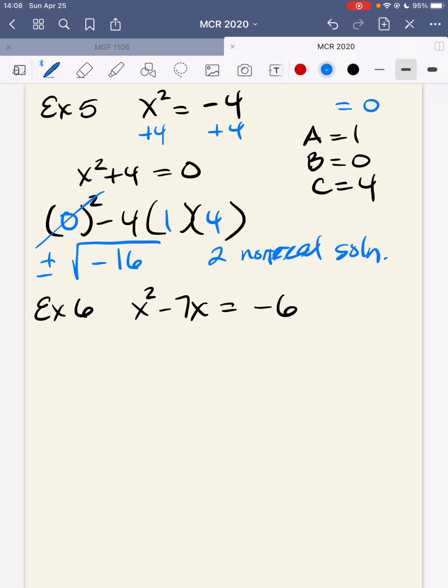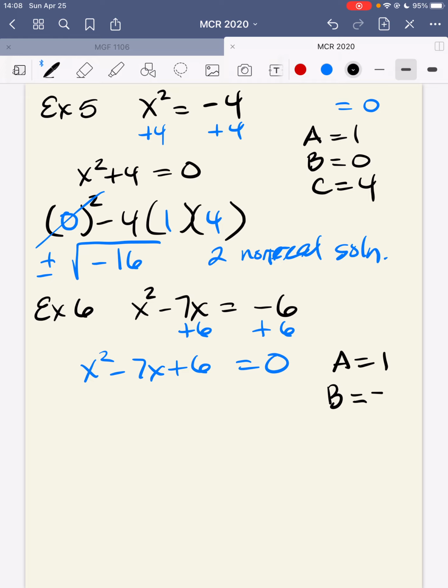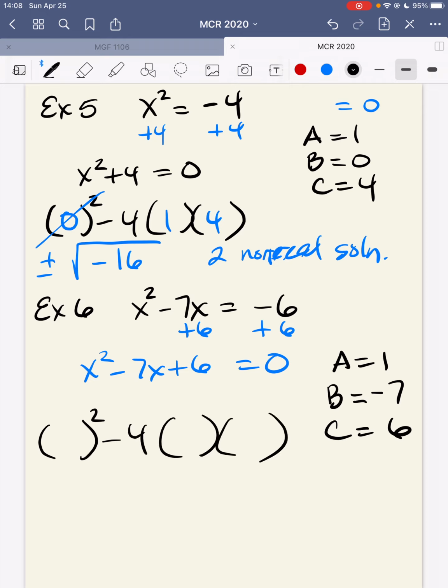Right, the last one here, I want to go ahead and move that 6 over. So add 6 to both sides. X squared minus 7x plus 6 is equal to 0 is my new equation. My a is 1, my b is negative 7, and my c is equal to 6. Create my skeleton. Plug my values in.